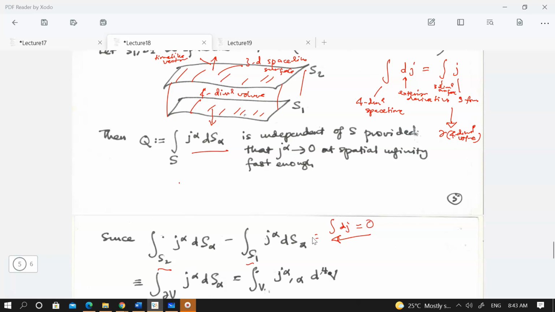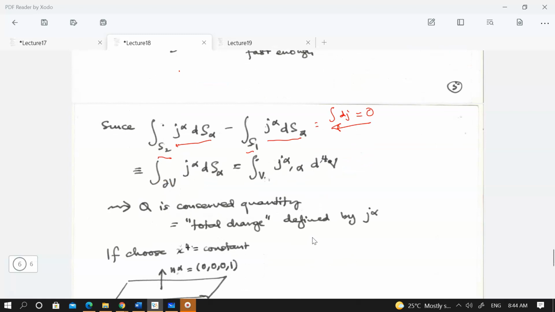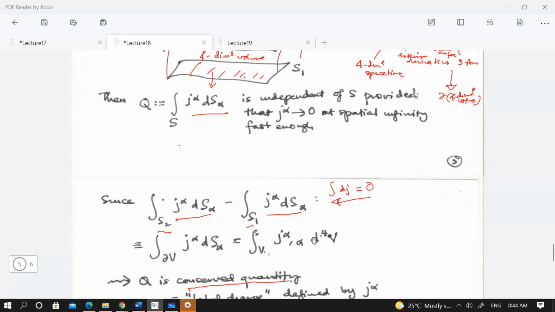So this quantity minus this quantity will be exactly 0, and that tells us this quantity is the same, which is essentially the idea of the conserved quantity or conserved charge. The charge is essentially defined as that.